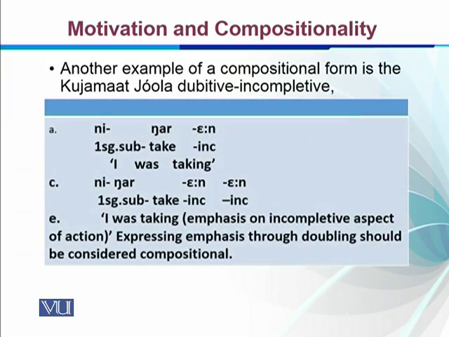Another example of a compositional form is from Urdu, the durative and completive. For example, you can see ni ungar and I was taking. Ni is first person singular subject, and take, and it's for the suffix ing. You see that in the second example the form is repeated. This doubling is used to stress emphasis on the incomplete aspect.